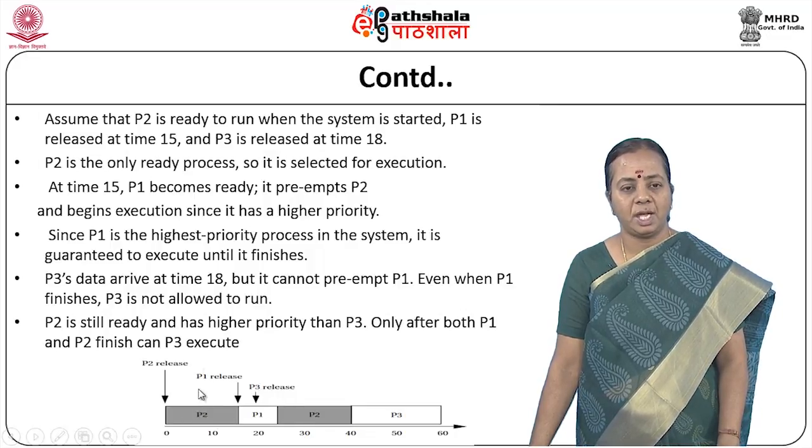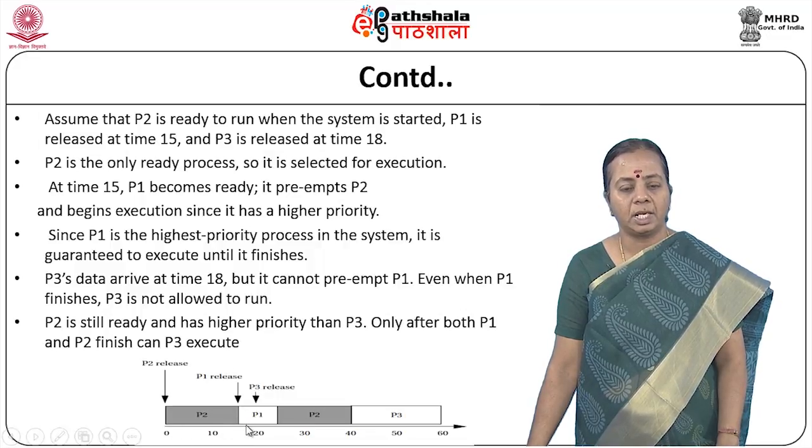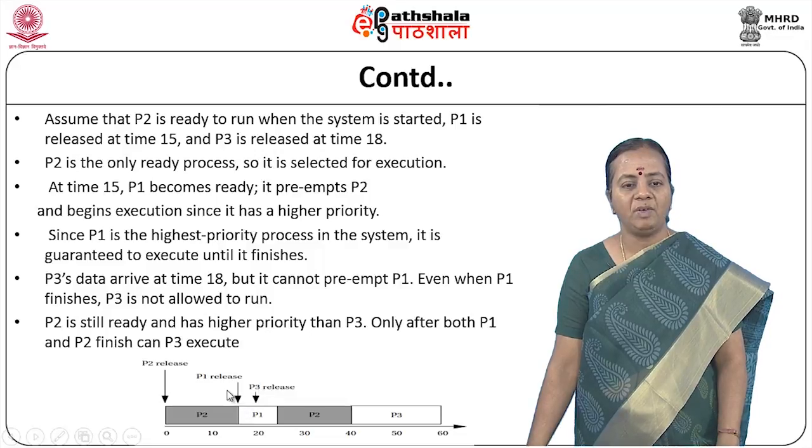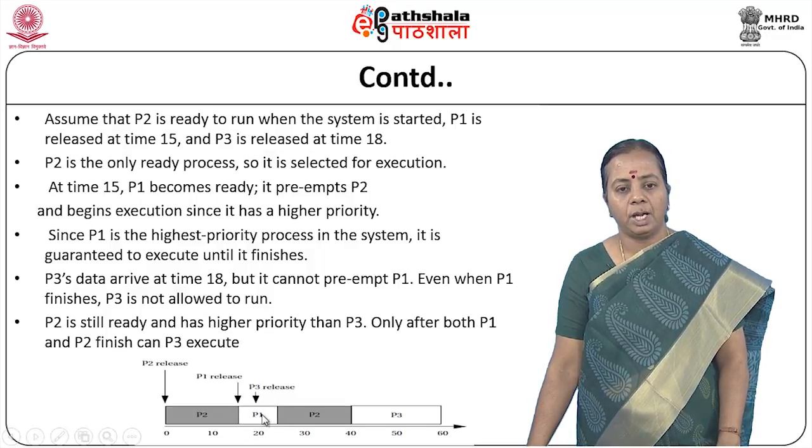While P2 is executing, suddenly at the 15th time unit P1 is released. P1 has the topmost priority, so it preempts P2. P2 has been preempted by P1 and P1 is scheduled. Because it is the highest priority job, nobody can preempt it. P1 continues and executes completely without any interruption.